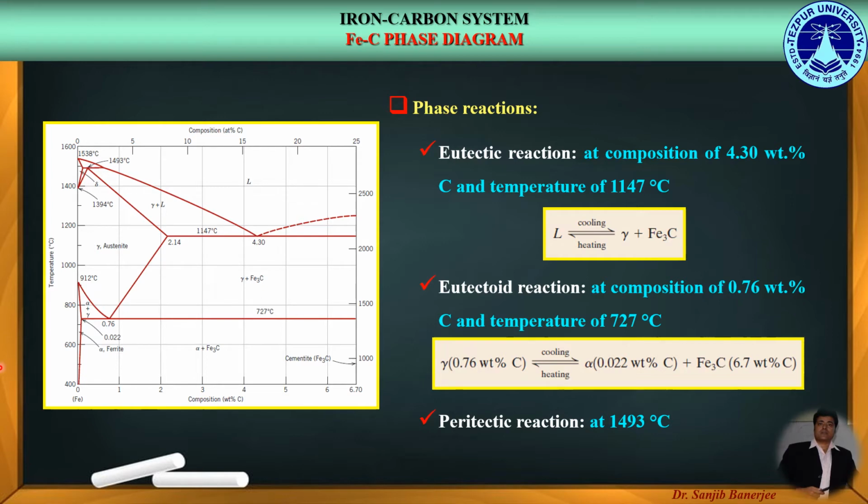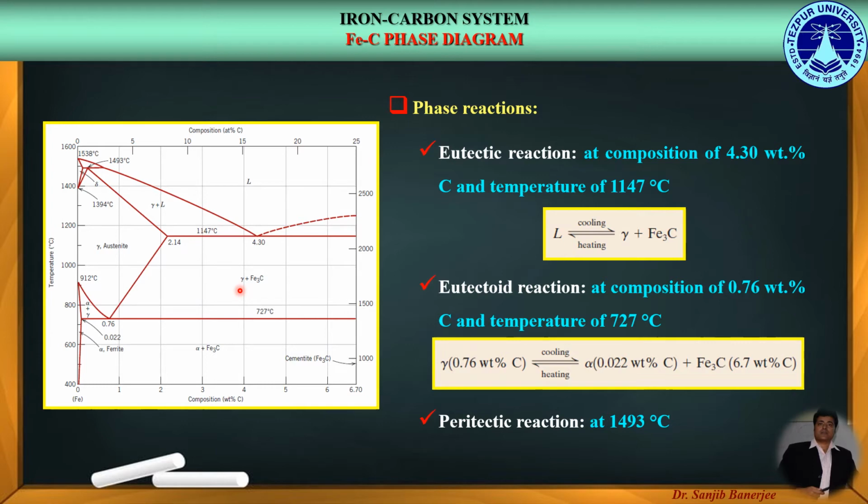As mentioned in the previous section, the iron-carbon phase diagram illustrates three types of phase reactions. The first one is a eutectic reaction at a composition of 4.3 weight% of carbon and eutectic temperature of 1147 degree centigrade, where the liquid phase on cooling gets transformed into two solid phases of austenite plus cementite.